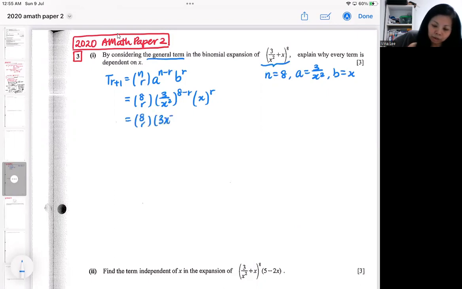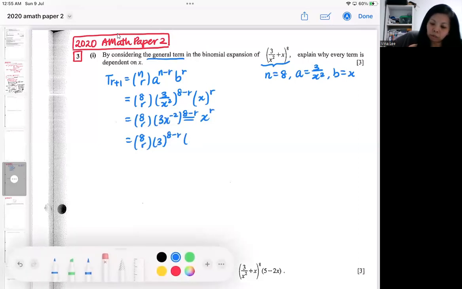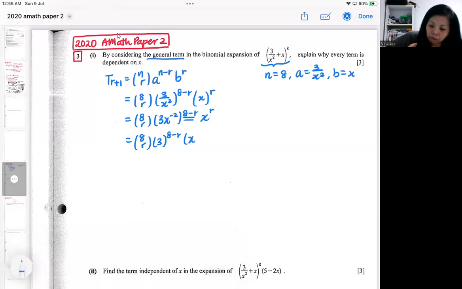So for example, here I apply some indices. So the power should be given to 3. The power is also given to x. So don't forget to assign the power to the number and x. So this is the part that doesn't contain x.